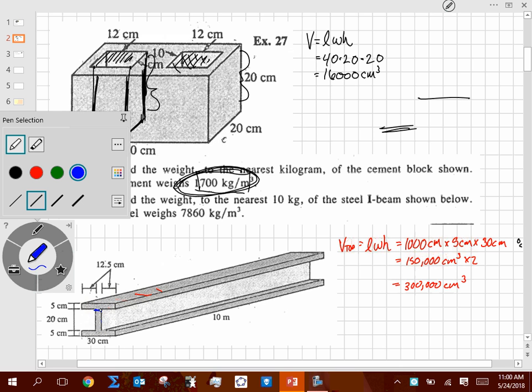I know that one right now because this distance here is 30, and they're telling me that this here is 12.5, and that's 12.5. That sums to 25. So I know that this distance right here is 5 centimeters. This is 20 centimeters, and this thing is 1,000 centimeters.